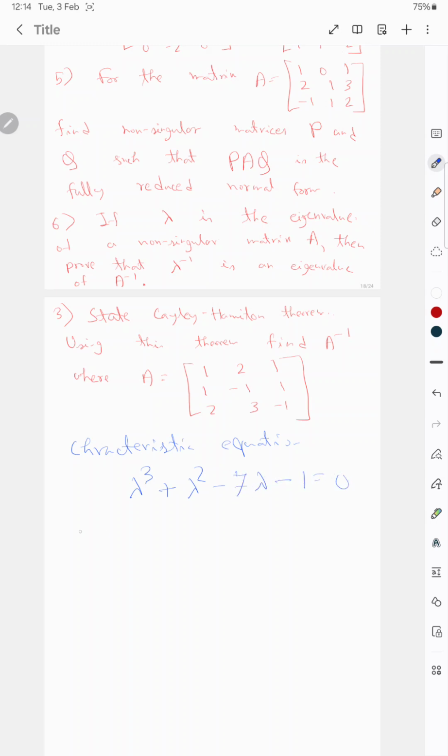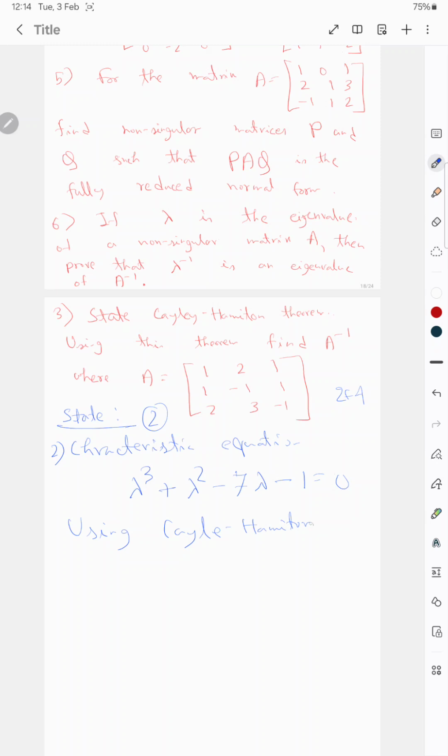Okay, so using Cayley-Hamilton theorem, first statement you can write, this is your first part, and you have the second part. In this type of problem, 2 plus 4, so 2 marks here, 4 marks for the remaining part.